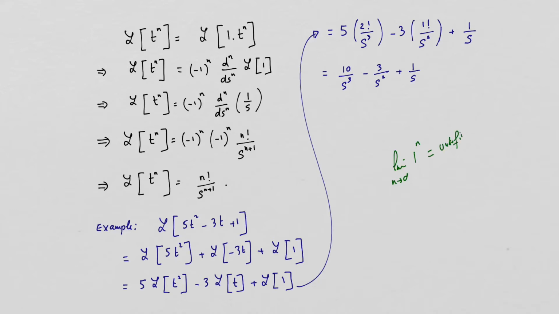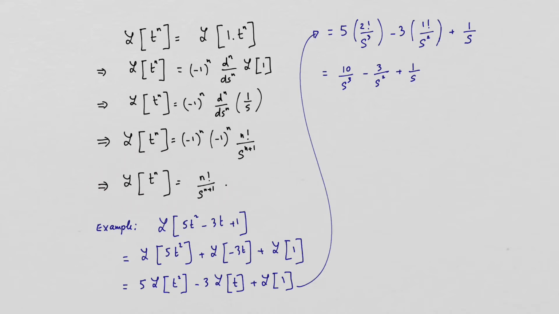Okay, so be careful. But we're assuming here n is finite, because you differentiate n times, so clearly n is finite, and therefore negative 1 times negative 1 is 1, and 1 to the n is actually 1, and hence my solution.